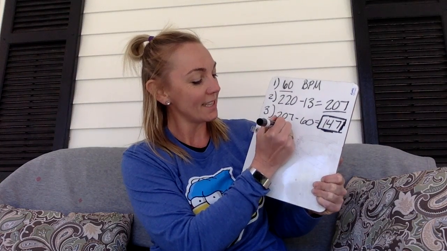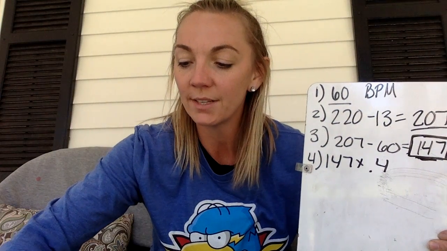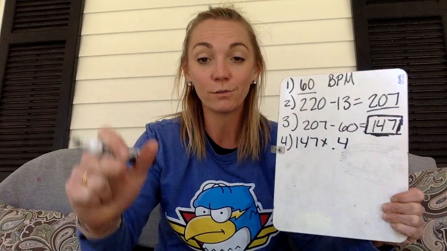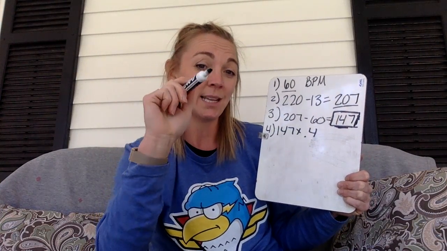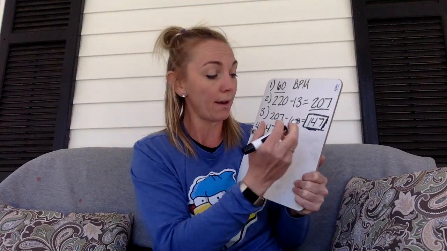So I'm going to take 147 and multiply it by 0.4. 147 times 0.4. Now, if I were to do this math out by hand, and I forgot to move the decimal, that's going to change this number a lot, because I got 58.8. You're welcome to round to 59.